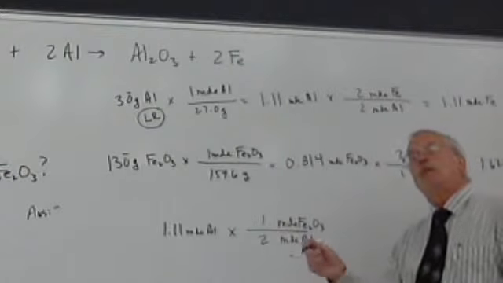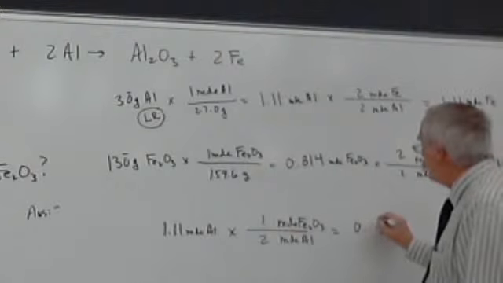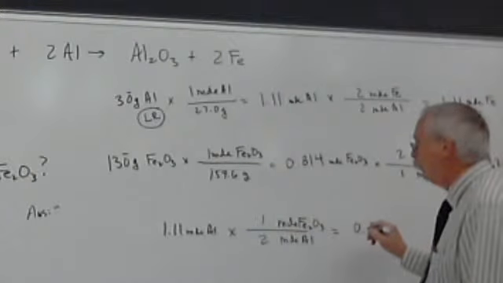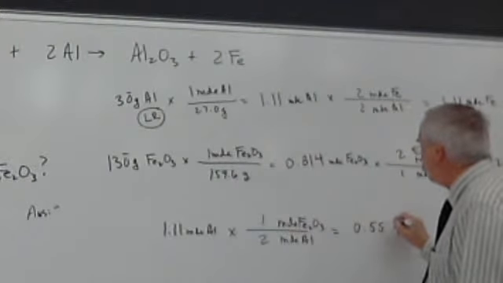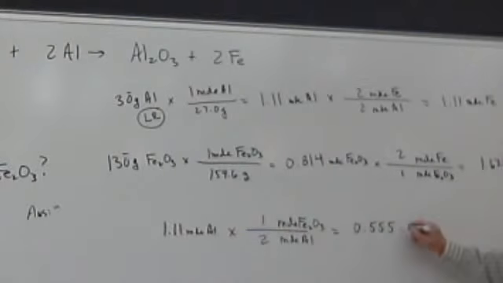Where did you get those numbers from? The balanced equation. So I must have used 0.555 moles of iron oxide.